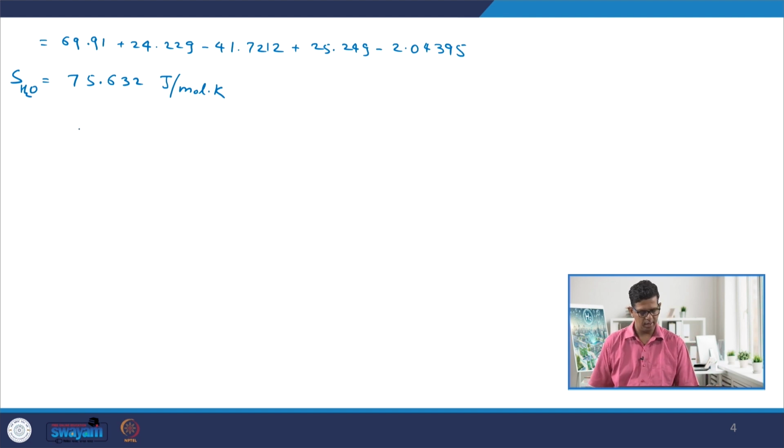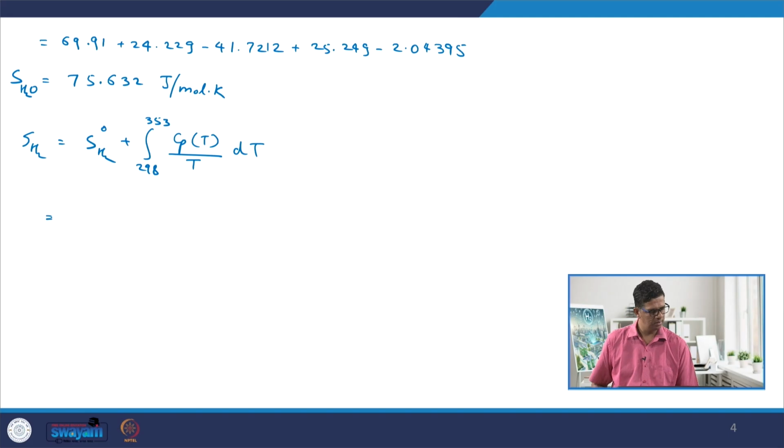Let us go ahead and find out the entropy of hydrogen now. So, entropy of hydrogen is entropy of hydrogen at STP plus integration from T naught, which is 298, to 80 degrees, that is 353, of Cp, a function of temperature, by T dT. So, entropy of hydrogen is 130.68 plus integration of the Cp over 298 to 353.